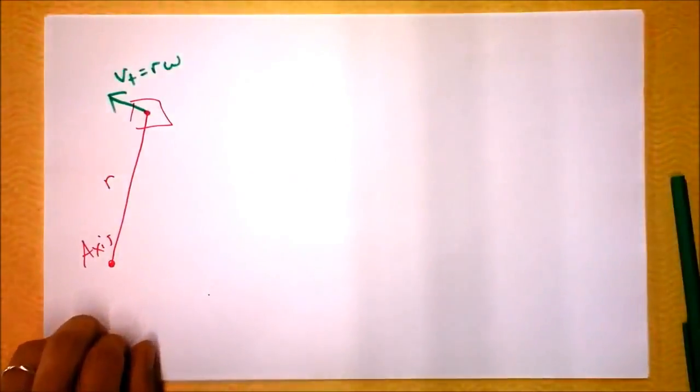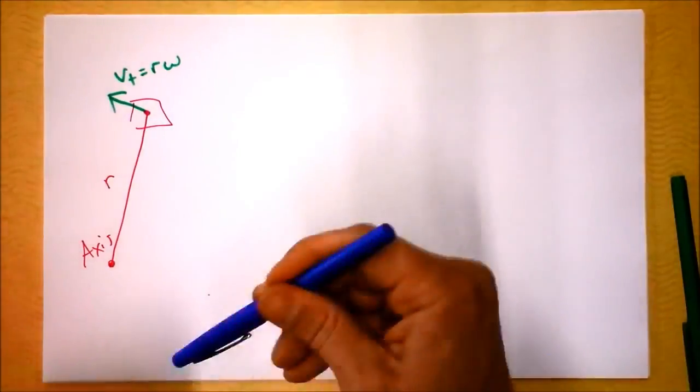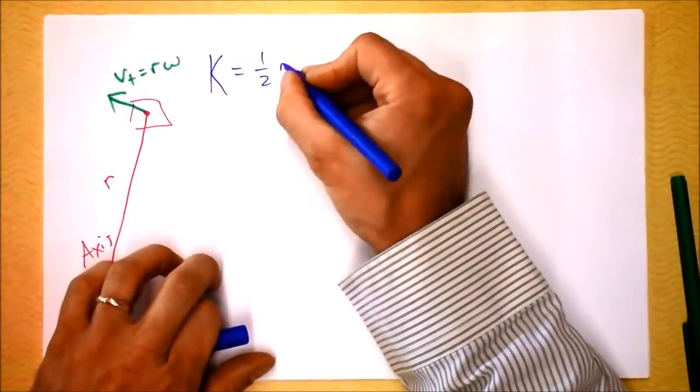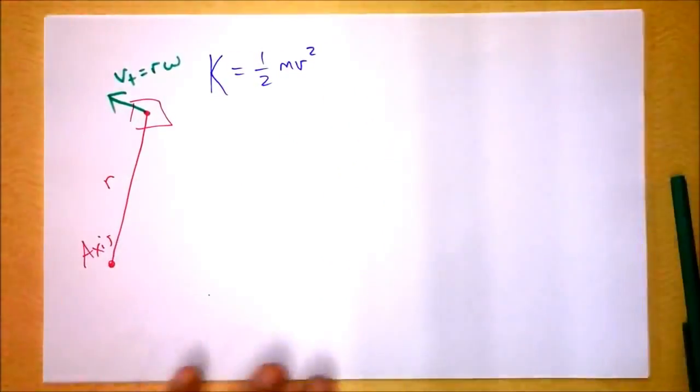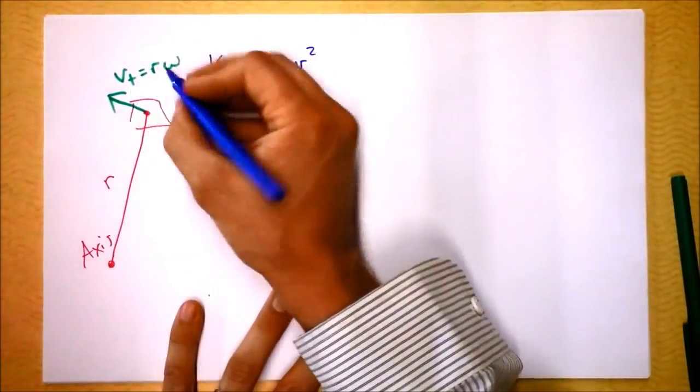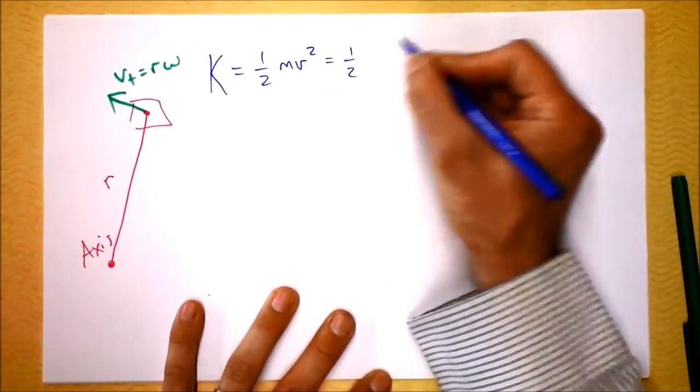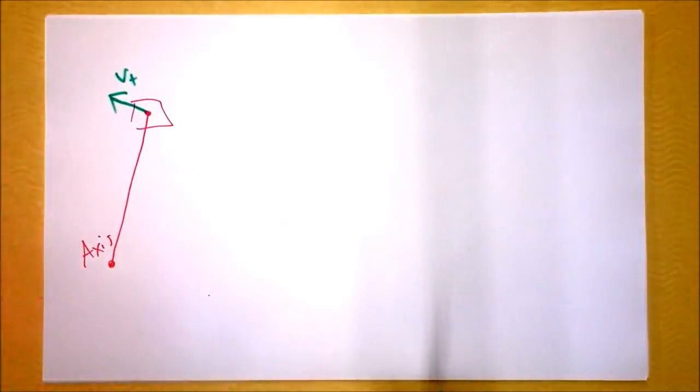We know that kinetic energy is 1/2 mv squared. And we can plug in what v is because we know that it's r times omega, and it's going to be that direction in this rotation. Of course, the tangential speed is always going to be normal to the axis of rotation.